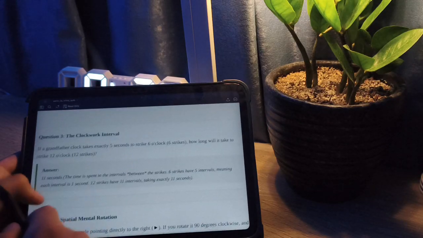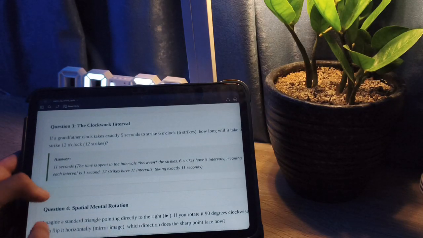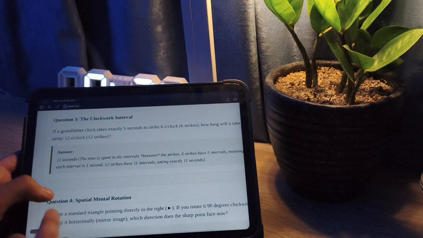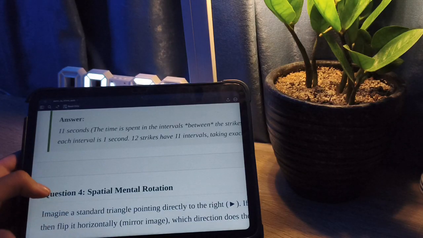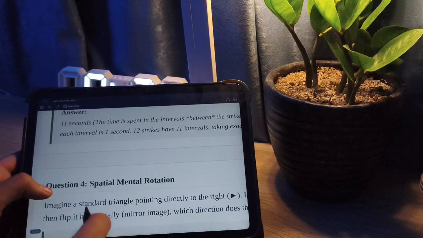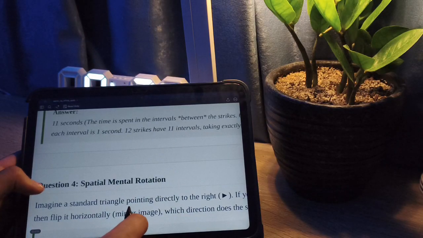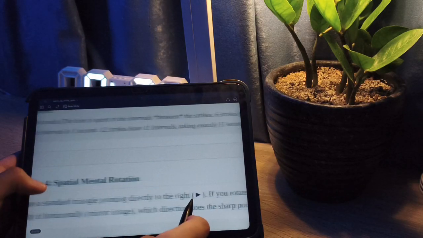Okay. So the next question is, imagine a standard triangle pointing directly to the right.